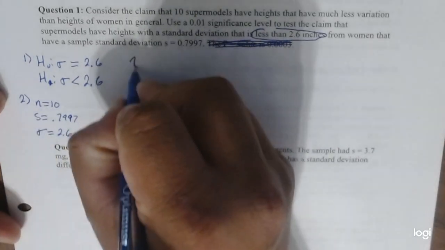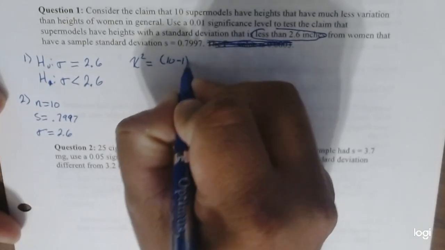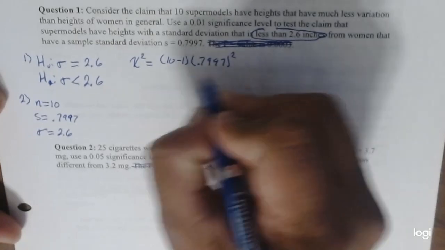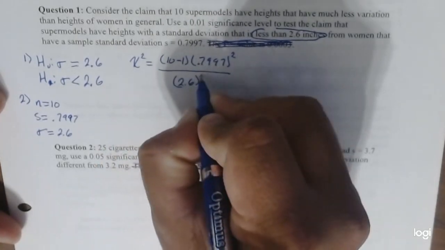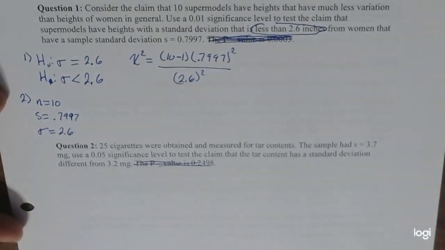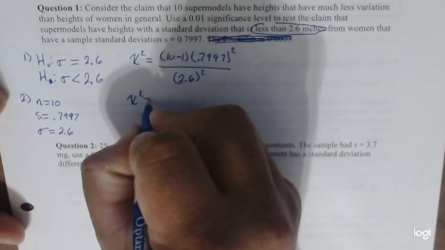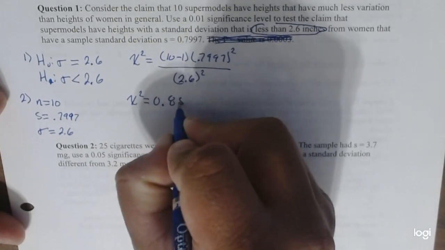So to find our test stat, our chi-squared value, it's going to be (10 minus 1) times 0.7997 squared, all over 2.6 squared. If you do this in a calculator and slowly simplify, you should get roughly a chi-square value of 0.851.